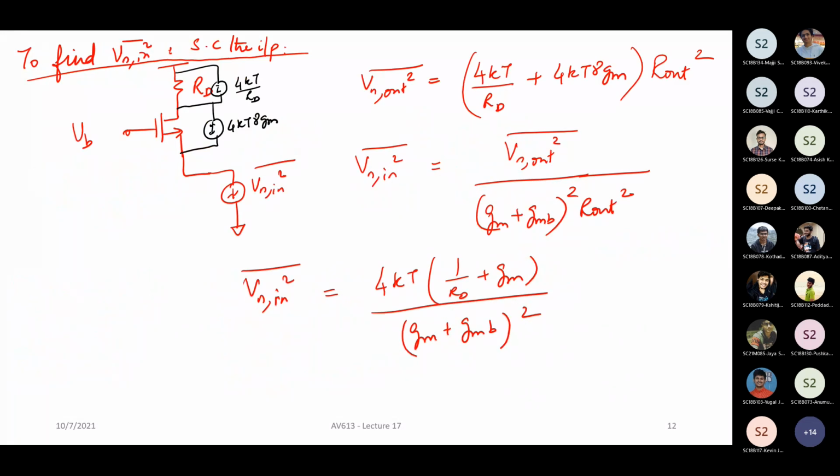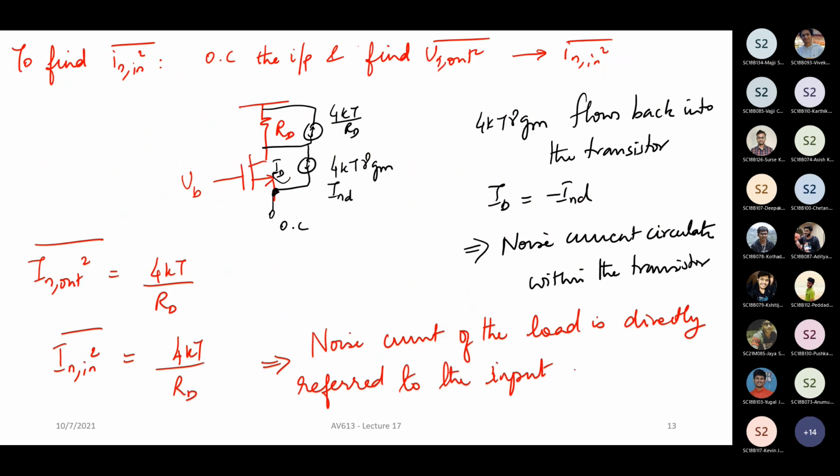Vn in squared we were able to directly compute. But for the In in squared, because we are open circuiting the input, the noise current of the transistor just circulates within itself and does not appear at the output. Therefore, the only noise source is basically the resistor.